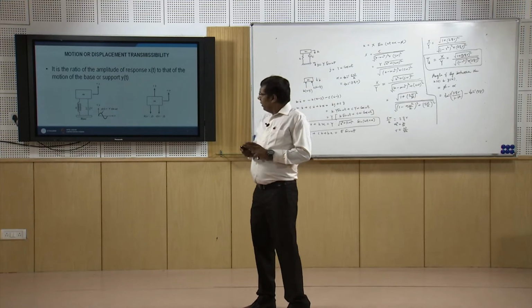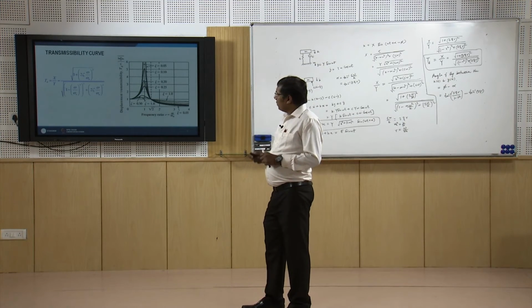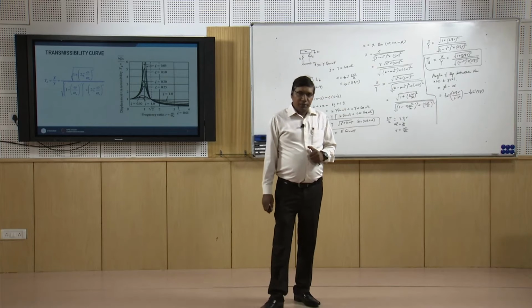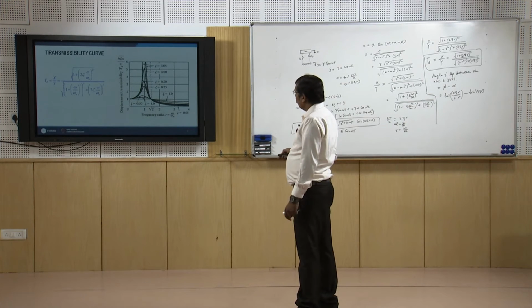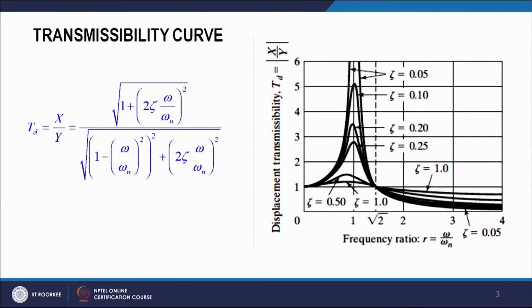So here we can see the transmissibility curve again for the displacement transmissibility. Of course, the nature of the curve will be the same as we obtained in the case of force transmissibility.